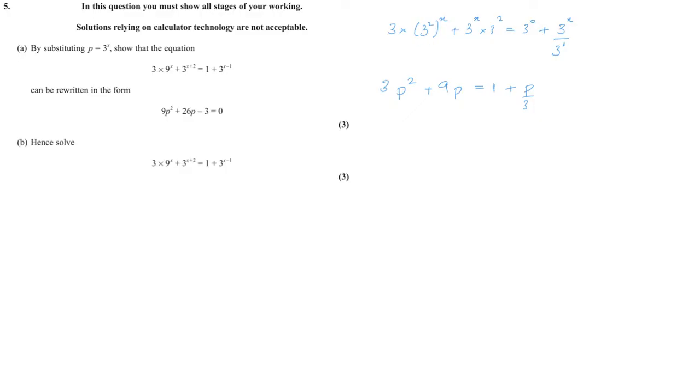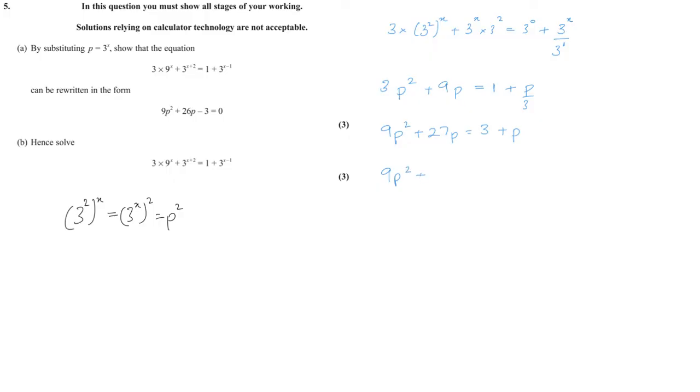And I'll just rewrite that one over here. 3 to the power 2x is the same as 3 to the power x squared. Okay, so just to reiterate that. Now multiplying everything through by 3, we get 9p squared plus 27p equals 3 plus p.